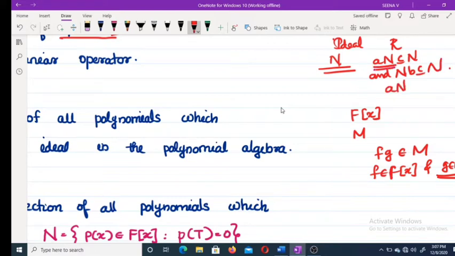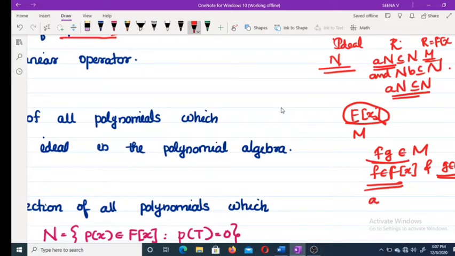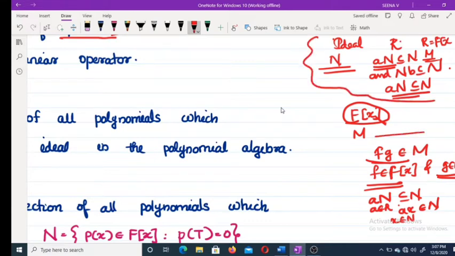AN means the coset is contained in N. Here A belongs to R, here f belongs to F of x, R is F of x, and for N here we have M. Therefore fg belongs to M means AN subset of N, that is, for x belongs to N, ax belongs to N. No need to worry about this definition, just recall it.